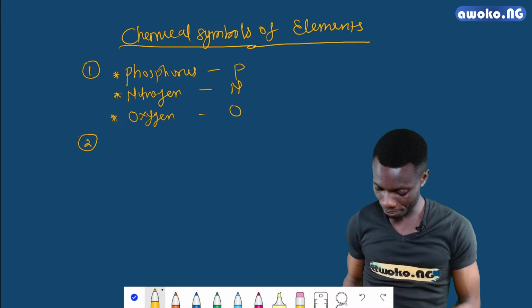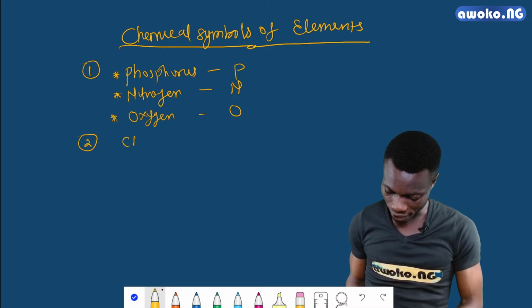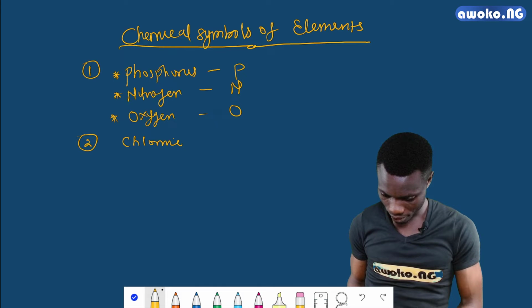So we have, for example, chlorine. Chlorine is a combination of C and L. And then we have cobalt.